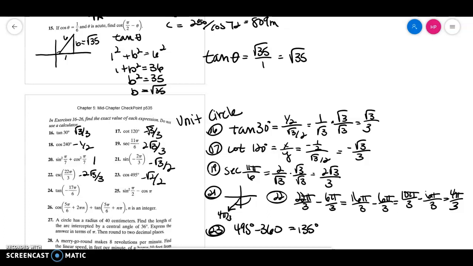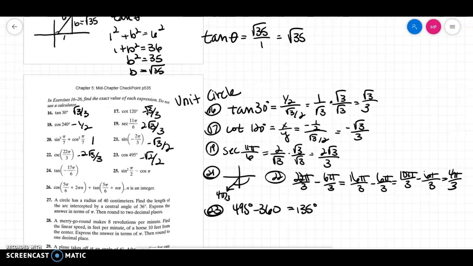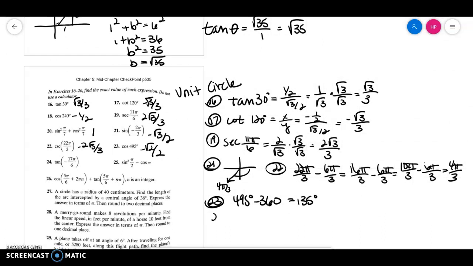These next couple, a lot of the same thing happened. Negative 17 pi over 6, I have to add 12 pi over 6 a few times. So negative 17 pi over 6, if I add 12 pi over 6, that only brings me to -5 pi over 6, so I have to do it again. And that brings me to 7 pi over 6.